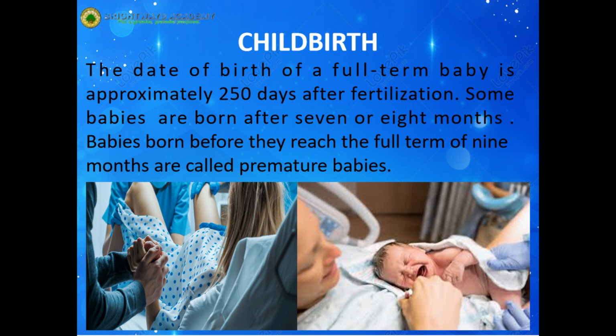The date of birth of a full-term baby is approximately 250 days after fertilization. Some babies are born after 7 or 8 months. Babies born before they reach the full term of 9 months are called premature babies.